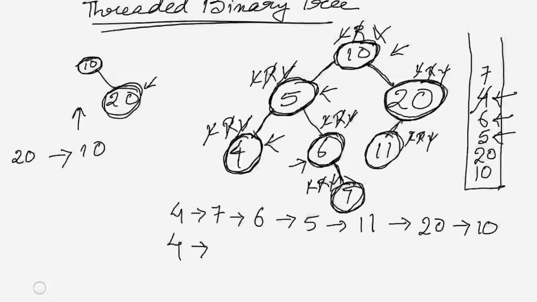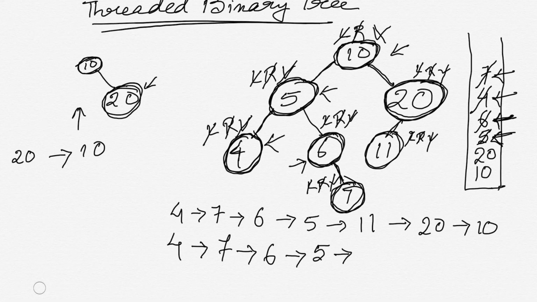Now 7 is on top of the stack, but it has no children, so we pop 7 and we print it. Now 6 is on top of the stack, and both its left and right children are processed, so we pop 6 and we print it. Now 5 is on top of the stack, and both of its left and right subtrees are processed. We pop 5 from the stack and we print it.